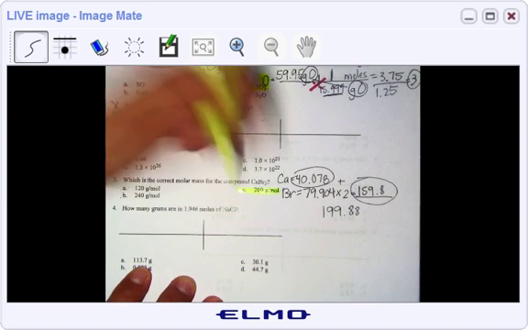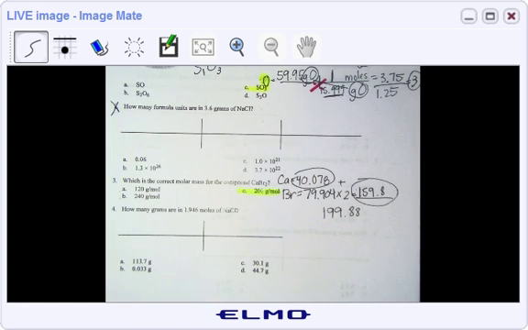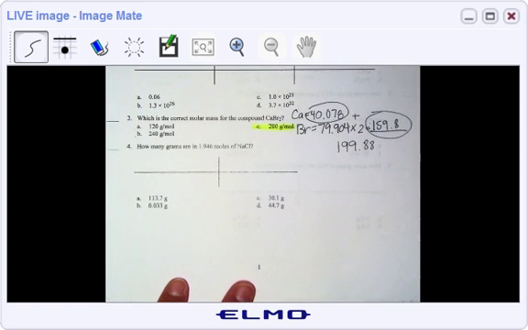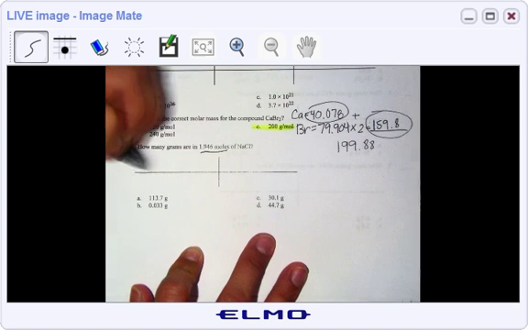Let's see. 199.8, they rounded to 200. So again, when you're calculating molar mass, you're getting the total mass of the compound that they give you, and you find that by just adding up the weights from the periodic table. Okay, number 4, you're going to see a lot of these on your exam. Okay, and you always need to start with whatever you're given.